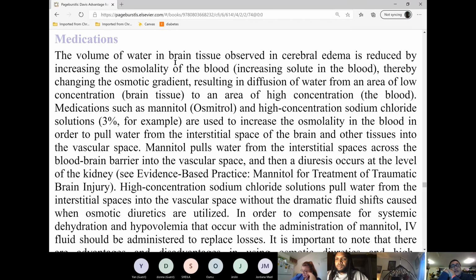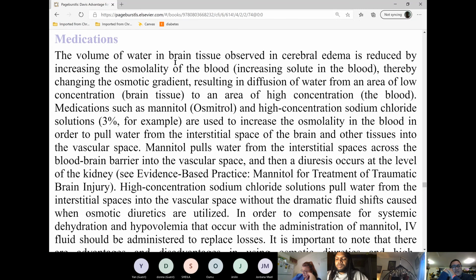Mannitol is an osmotic diuretic. It will draw water into the vascular compartment, thereby decreasing interstitial edema. However, like I said, it will also increase blood volume, correct? So technically, while decreasing edema, it may have the potential to increase ICP as well, not to mention dropping blood pressure.